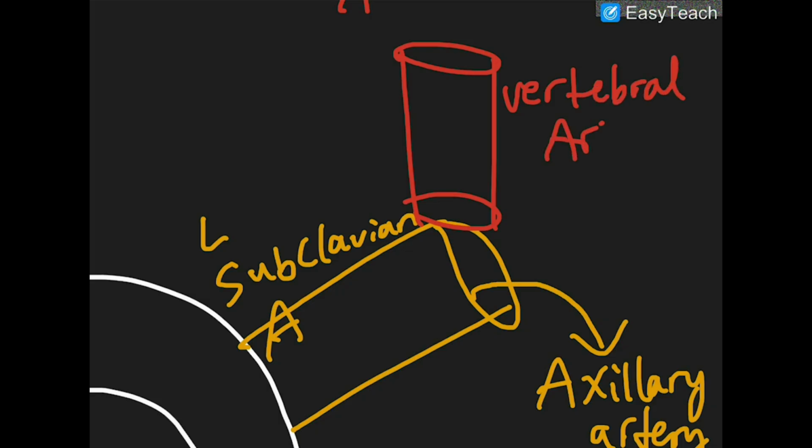Right here is where subclavian steal syndrome is relevant. We'll talk about the causes later, but for now, what happens is you get some sort of narrowing or stenosis of the subclavian artery proximal to the vertebral artery.